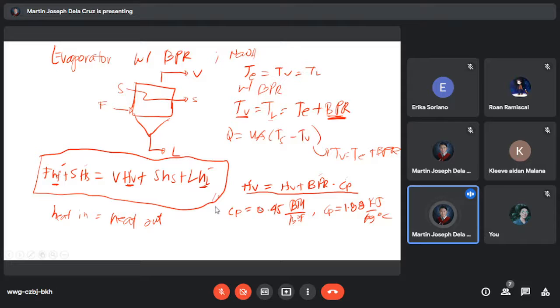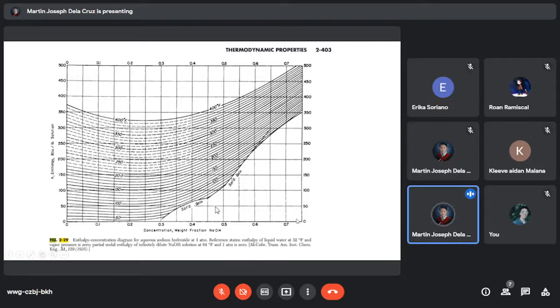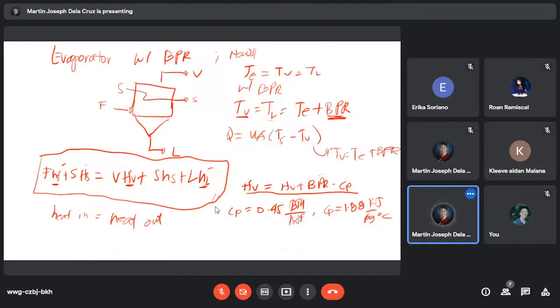And then you take note class na CP natin sa water is 0.45 BTU per pound degrees Fahrenheit, and 1.88 kilojoule per kilogram degrees Celsius pag SI. Memorize itong values class.